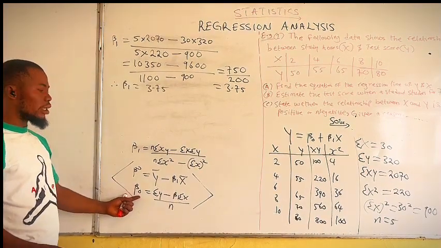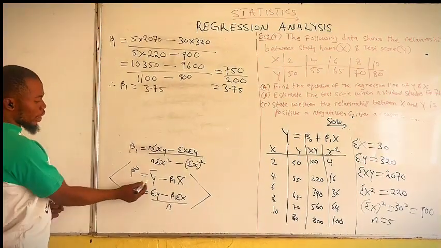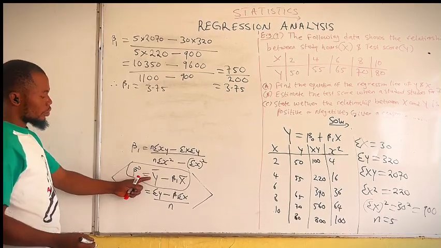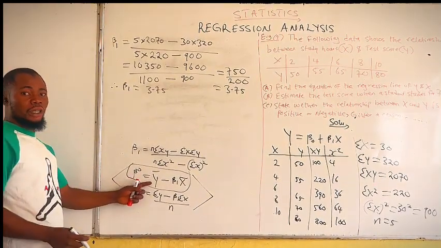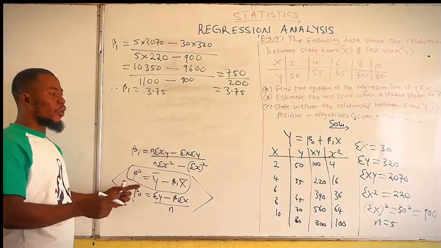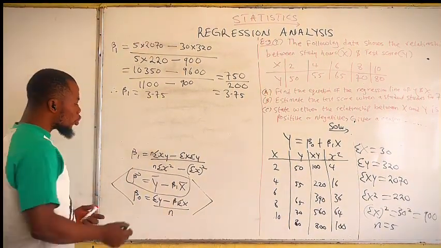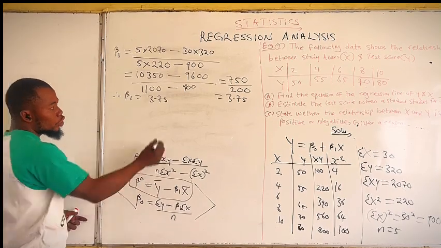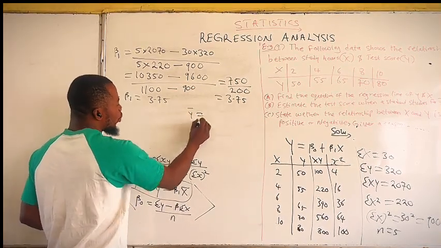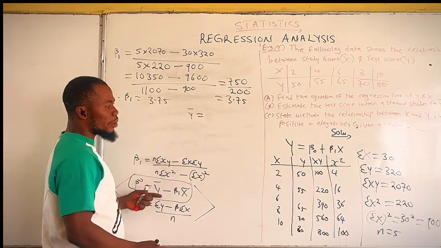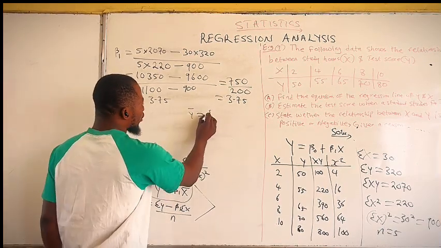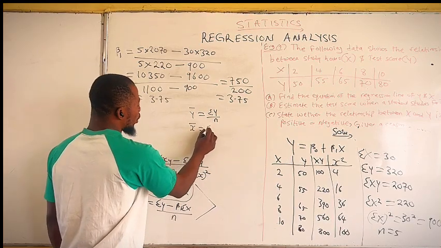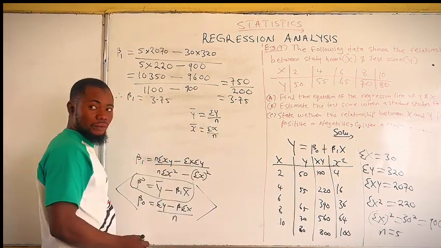We've calculated beta 1. Now we will calculate beta naught using this formula. We know that y bar is the same thing as the mean, and mean is calculated by the summation of y divided by n. So we need y bar and x bar to calculate our beta naught. Our y bar is the summation of y divided by n, and our x bar is the summation of x divided by n.